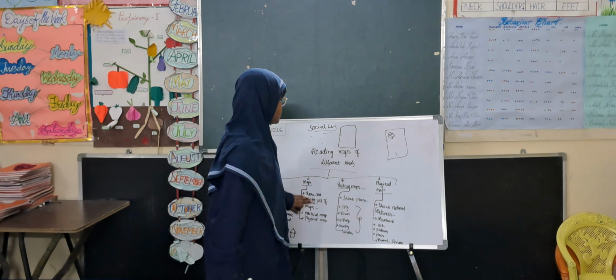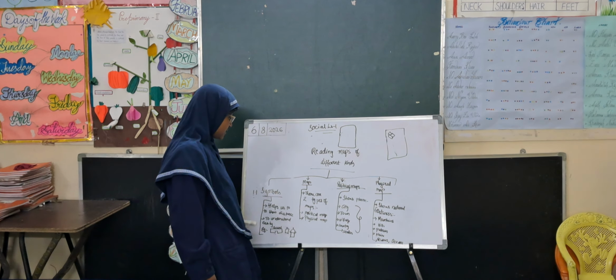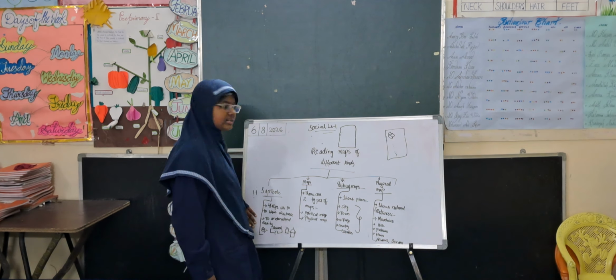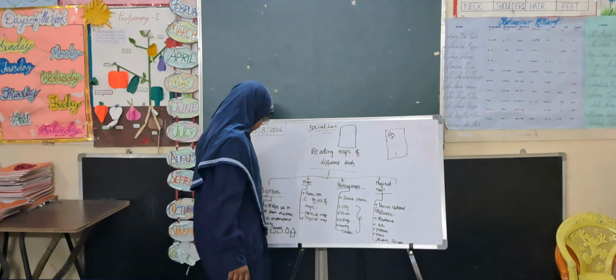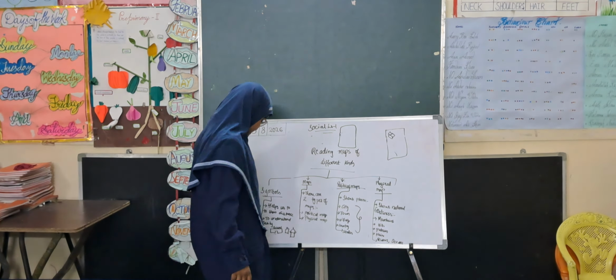By this we can understand that symbols help us to show the distance. We use symbols to understand easily, like school, church, mosque, and many other things. We use symbols because we cannot draw exactly the surrounding objects on maps.